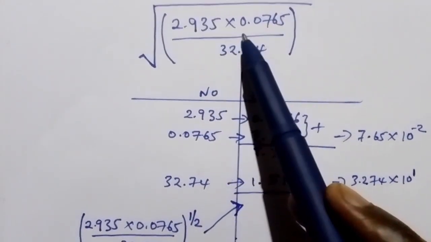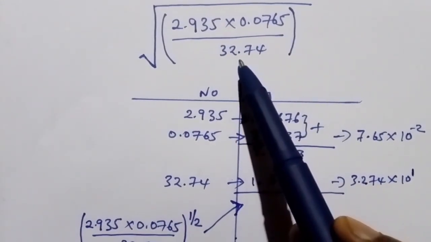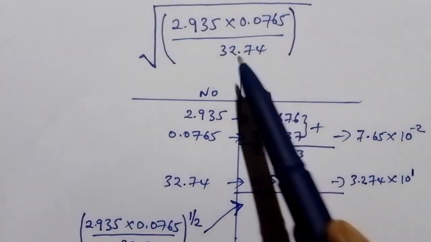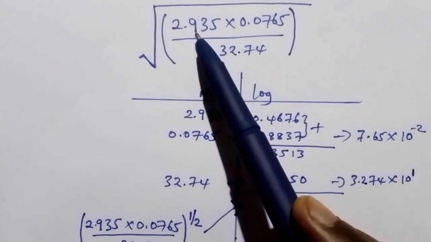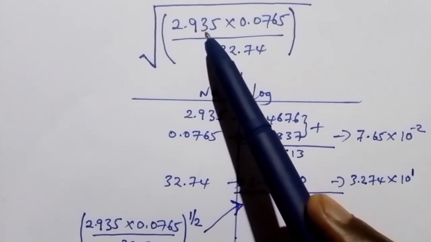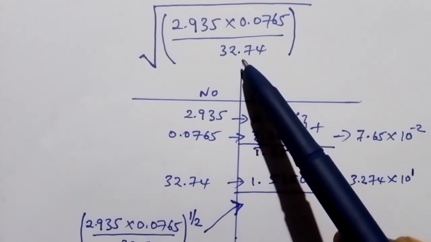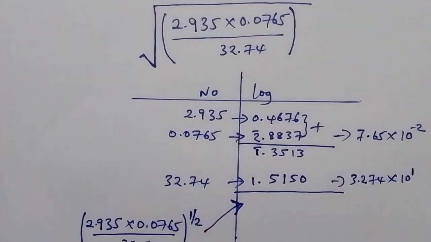So now 2.935 times 0.0765 we divide by 32.74, which means that we subtract the denominator from the numerator.